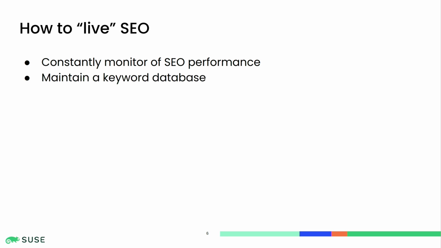One of the things that we do is we keep track of what you enter in the search engine and where you find SUSE articles, and from that we derive a keyword database to make sure that those keywords that you are searching for appear in our articles.